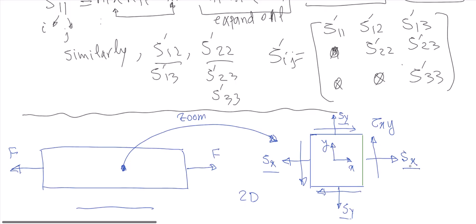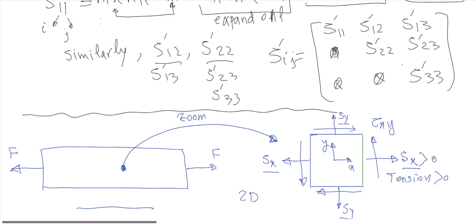Now, tension for normal stresses, based on this coordinate system, is positive, because if you apply a stress on a surface which has its normal in the direction of your defined coordinates, and the stress is in that direction, it is positive.